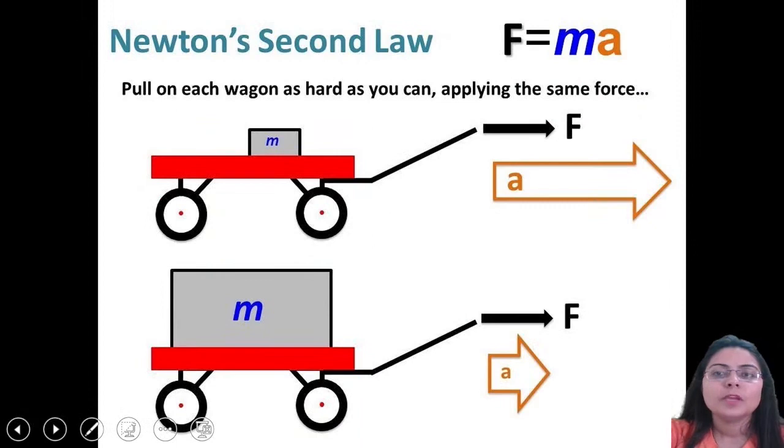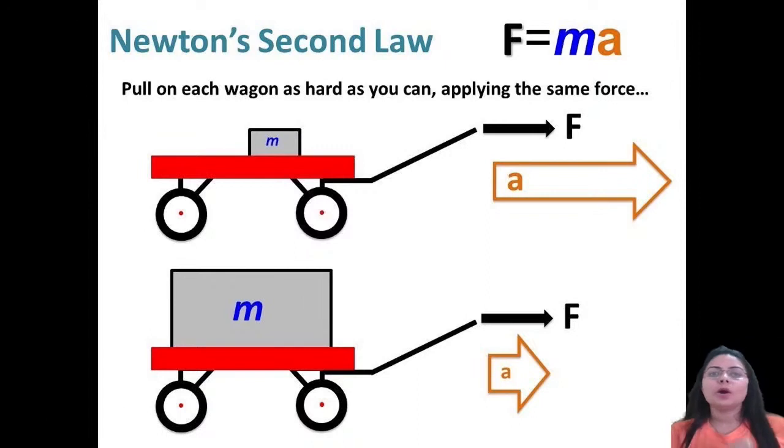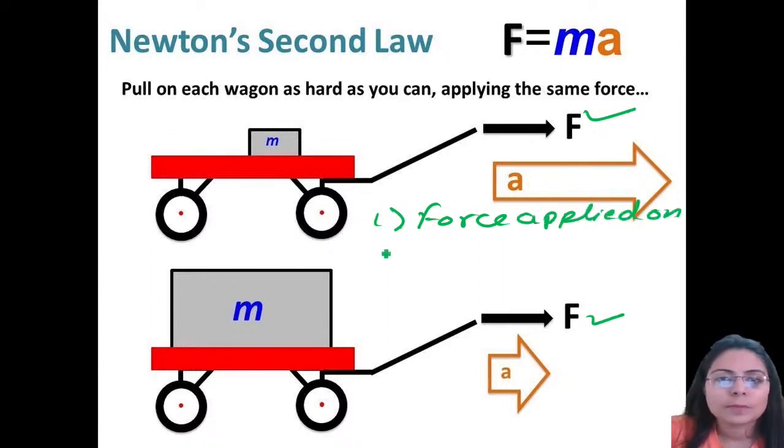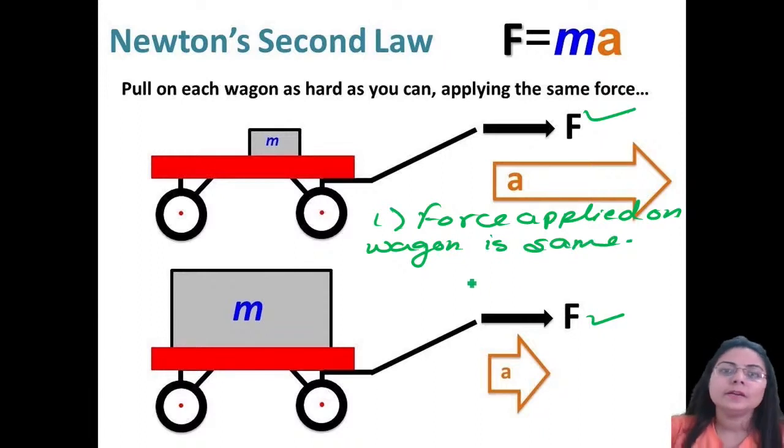All right. So you can see there is a force applied, pulling the wagon as hard as possible. Suppose I have applied a force on it and both the forces are the same. My first condition is that the force applied on both wagons is the same. If the force is the same, how can I find the acceleration?